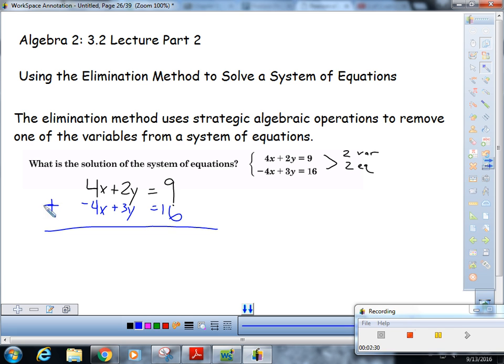We don't always add them, but we are in this one, because what's 4x plus negative 4x? 0. Sweet. 2y plus 3y is 5y. And then 9 plus 16 is 25. So we divide each side by 5, and we get y is 5, okay?